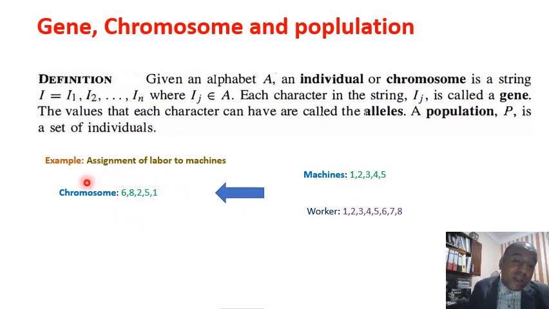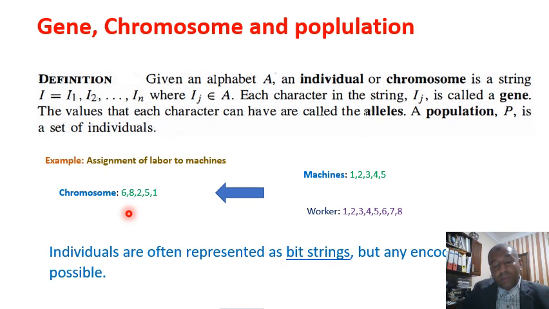This is some kind of how problems are encoded in genetic algorithm. This is a very crucial step, to represent the solution of the problem, where here the problem is the optimal assignment of labor to machines. This is some kind of representation.